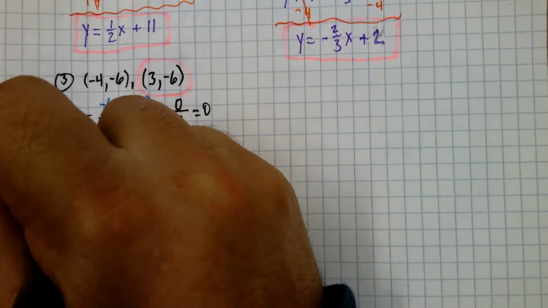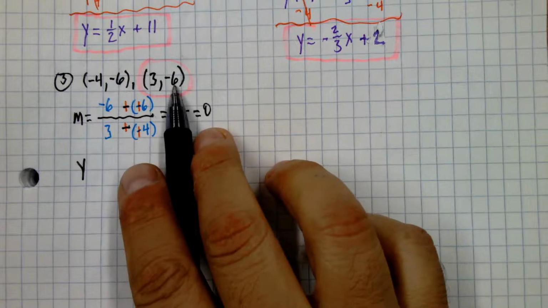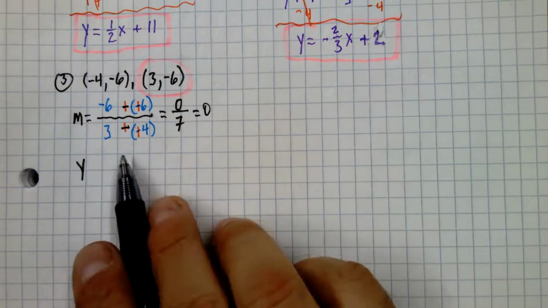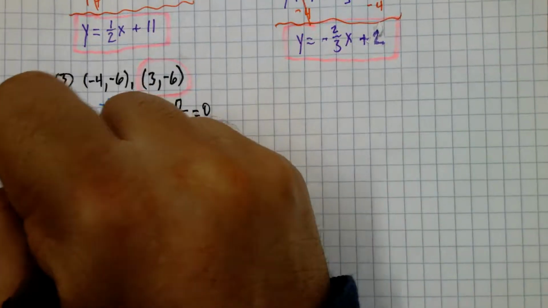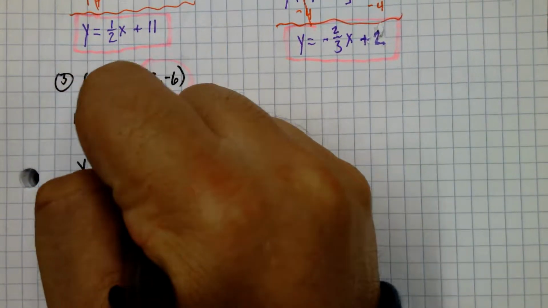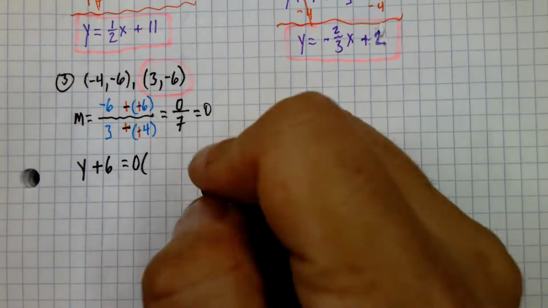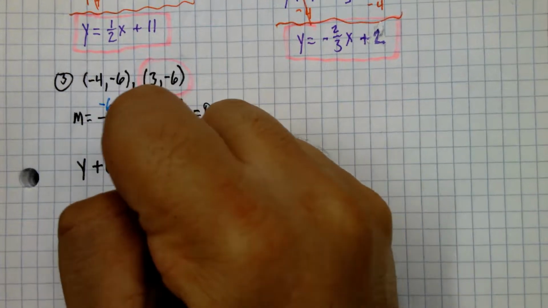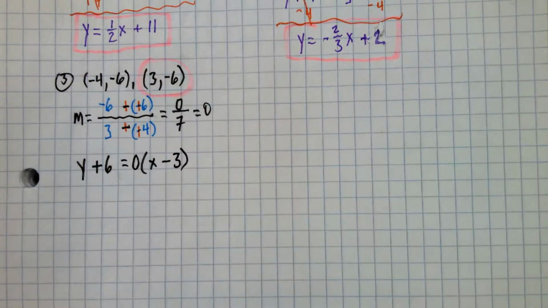So we're going to get y, and then it's going to be minus, but that's a -6, so +6 equals 0, parentheses x minus 3. I just picked one of the two. Either one's going to give you the same answer. So it doesn't matter which, pick the one you think was easier to work with.